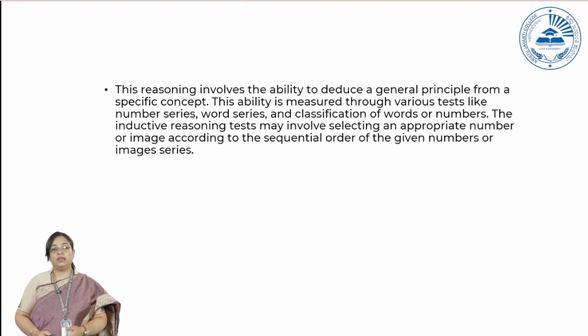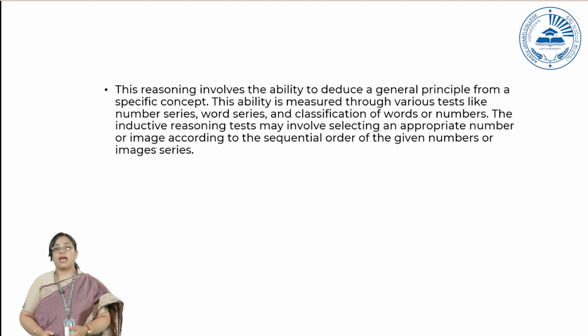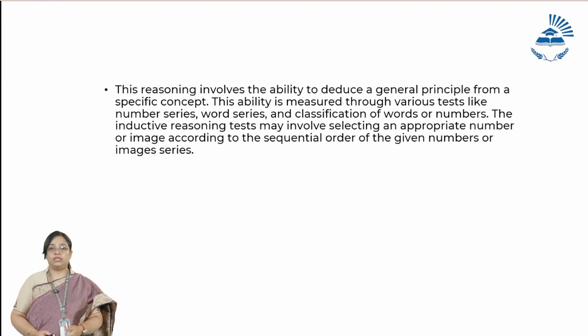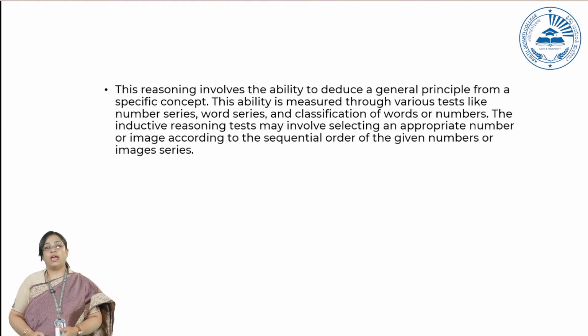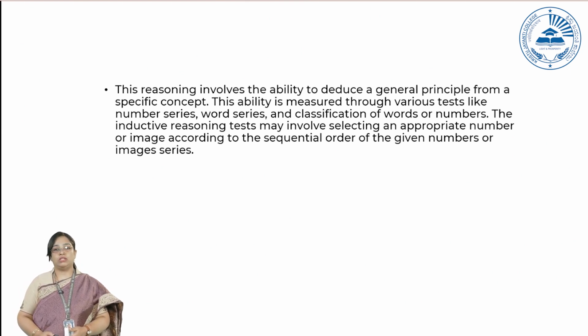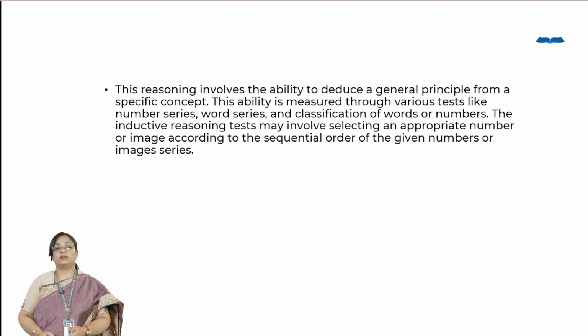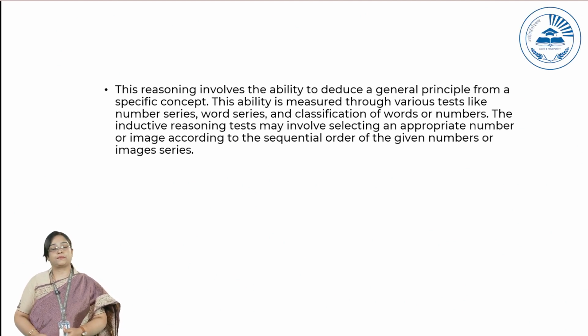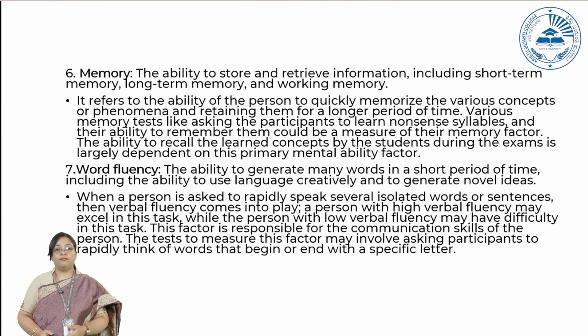The ability is measured through various tests like number series, word series, and classification of words or numbers. The inductive reasoning tests may involve selecting an appropriate number or image according to the sequential order of the given number or image series.